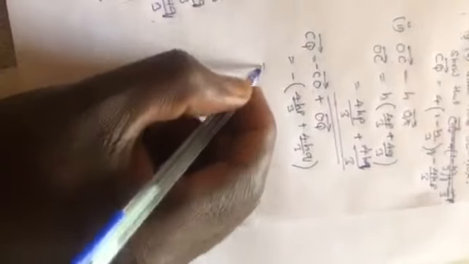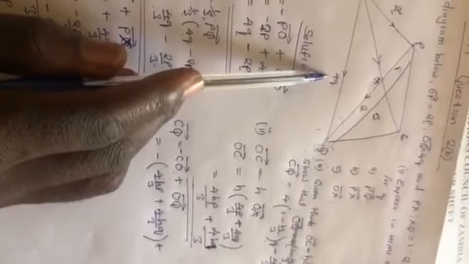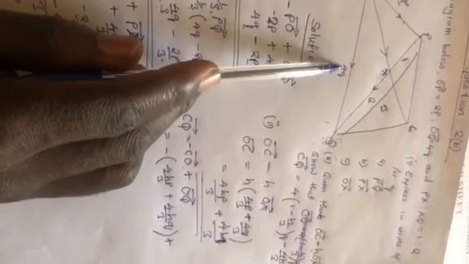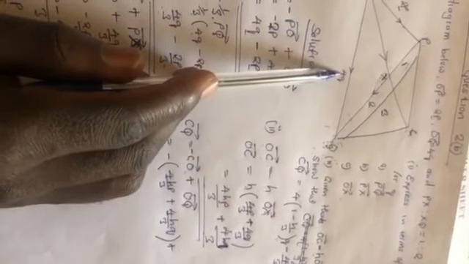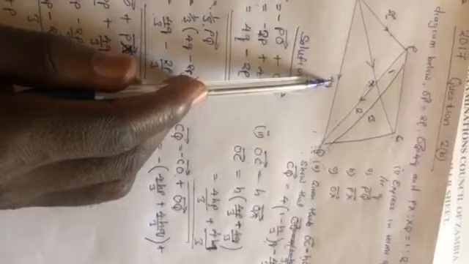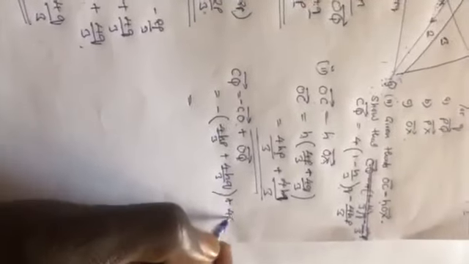We have it there. Then, plus OQ. What is OQ here? On OQ we have 4Q.